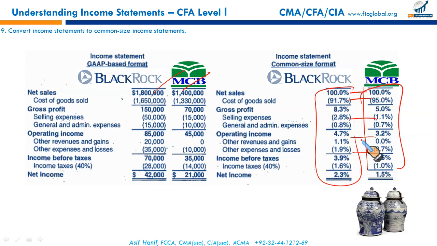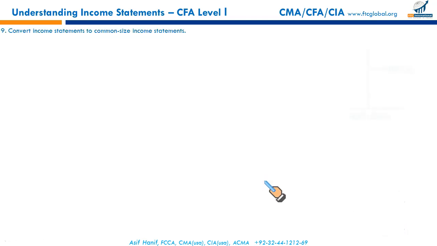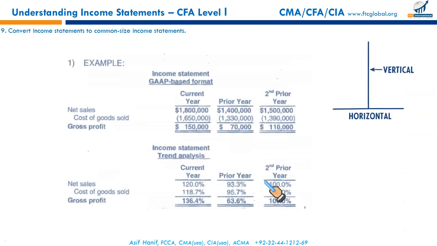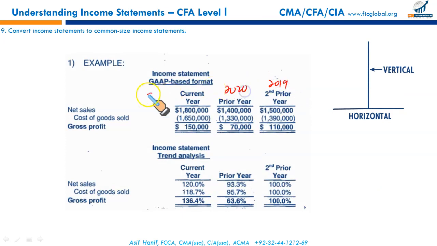Okay, so as I said, it's the vertical one where we took sales as a base. There is also a horizontal one where we go sideways, where we take, let's say, 2019, 2020 and 2021. We take this year as a base, and all these numbers will represent a base.